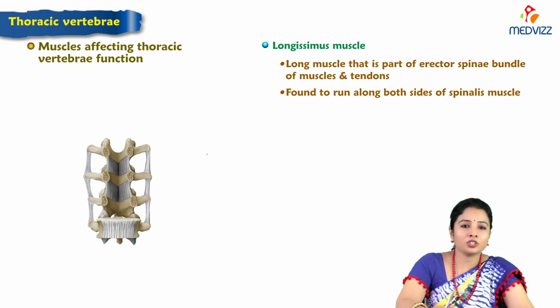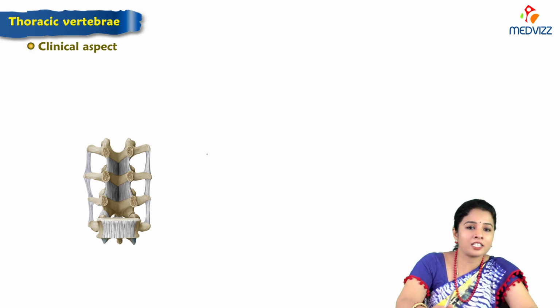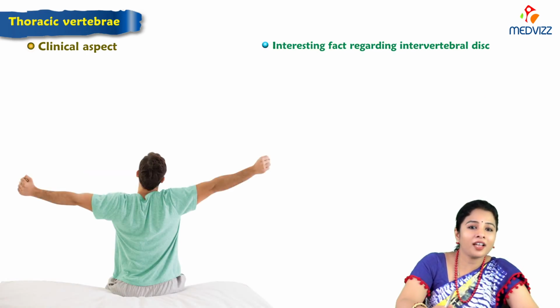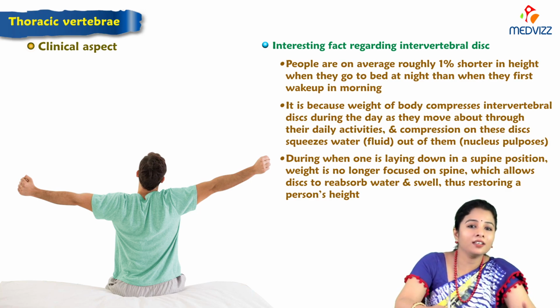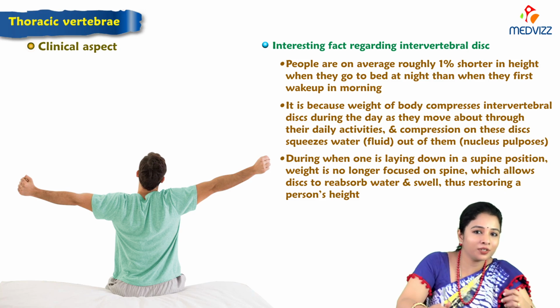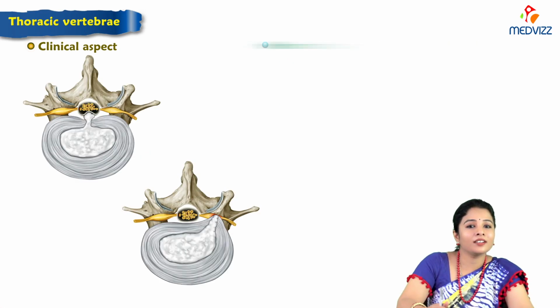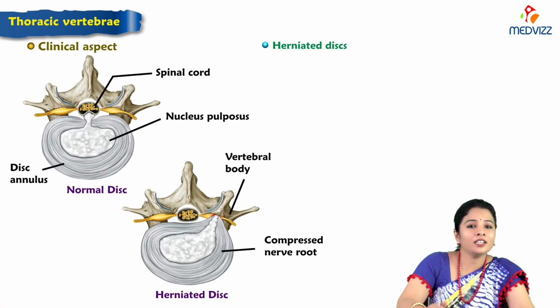Let's complete this osteology part with some clinical aspects. An interesting fact regarding the intervertebral disc: people are on average roughly 1% shorter in height when they go to bed at night. The next clinical aspect associated with the thoracic vertebra is herniation of the disc.